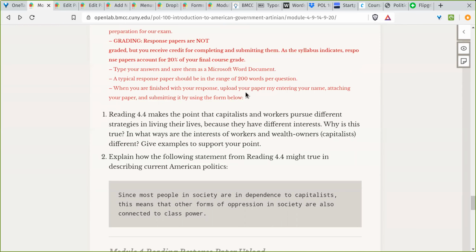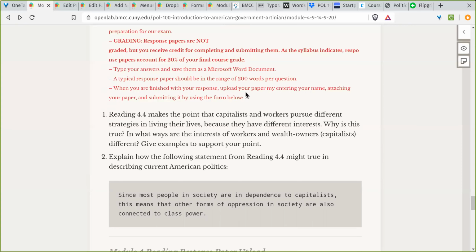What might be the interest of a wealthy person, a real estate mogul who owns 35 buildings in Manhattan? What might he or she care about? What might be the priorities that he or she's concerned about? Right? So this question just asks about understanding. Do you understand that different social classes have different interests because of the social class that they belong to? Somebody who's wealthy cares about things that are different from somebody who is a worker.